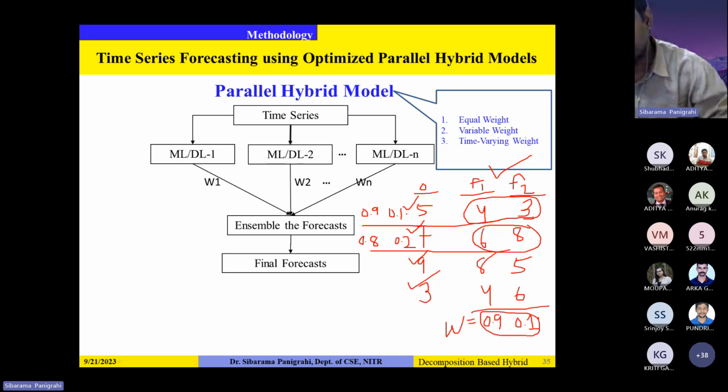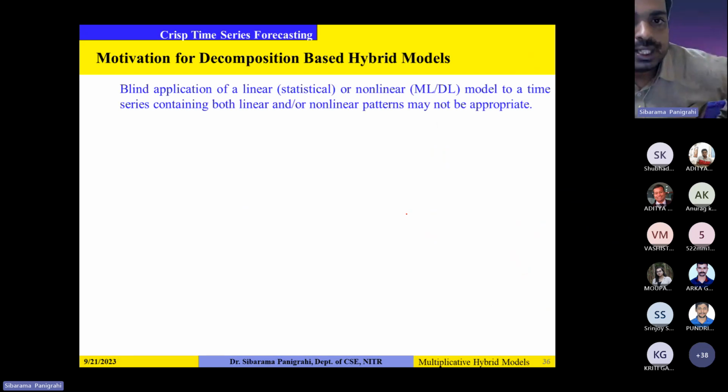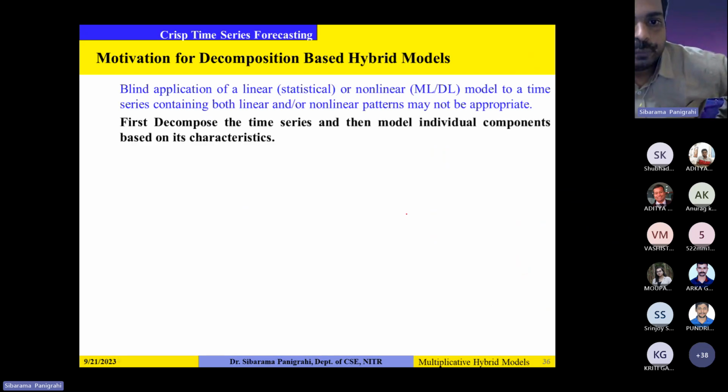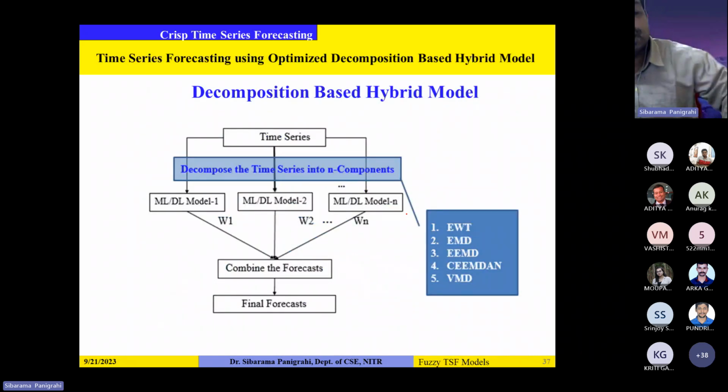However, in decomposition based hybrid models, we will first decompose the time series into n components by using either empirical wavelet transform, or these signal processing techniques: empirical mode decomposition, ensemble empirical mode decomposition, complete ensemble empirical mode decomposition with adaptive noise, or variational mode decomposition.